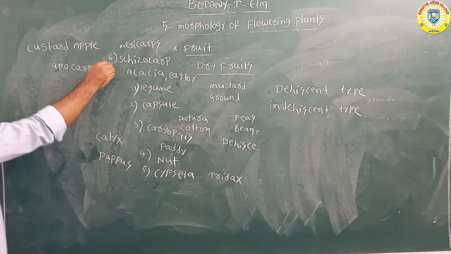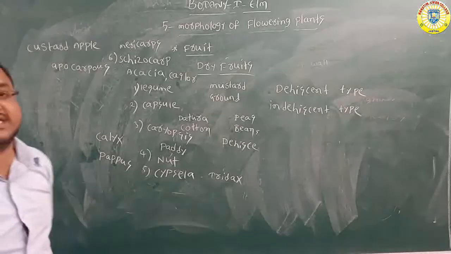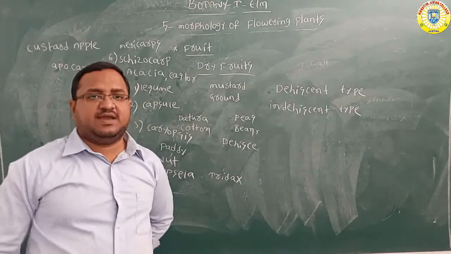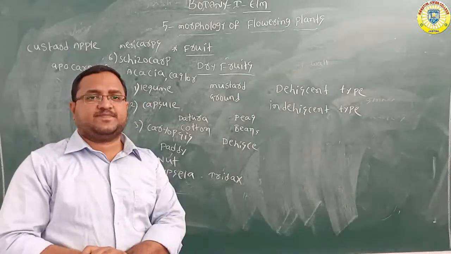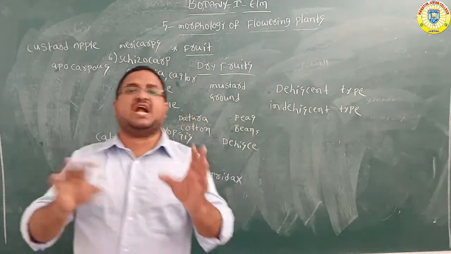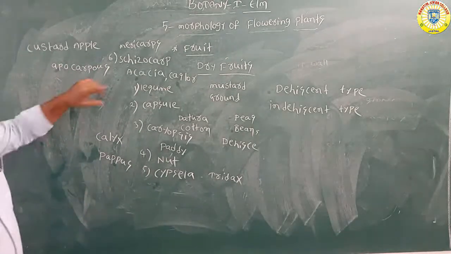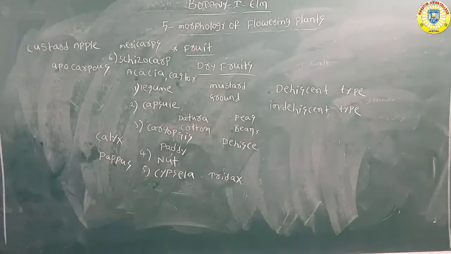Apocarpous. So each of the carpels develops into a small fruitlet, a bunch of fruitlets. You can see in custard apple, a bunch of fruitlets are there. Why? Because many carpels are there, these carpels are free, and all these carpels develop into fruitlets.